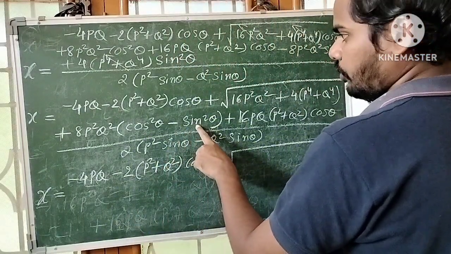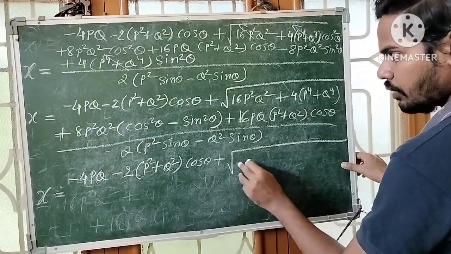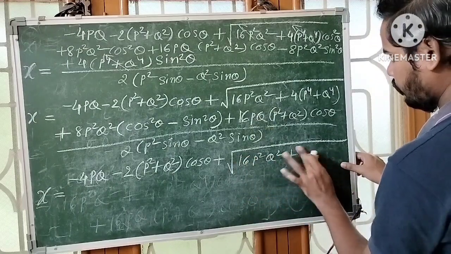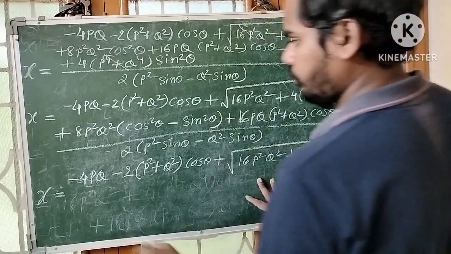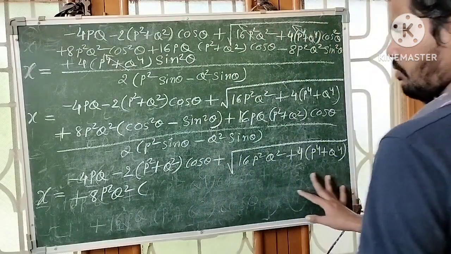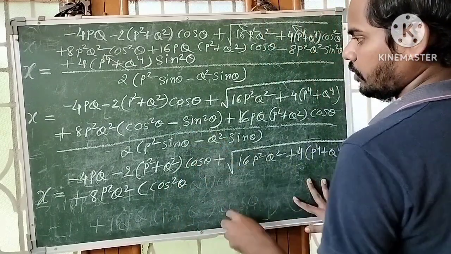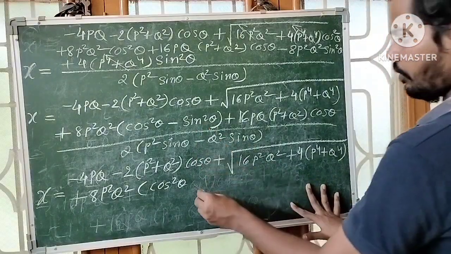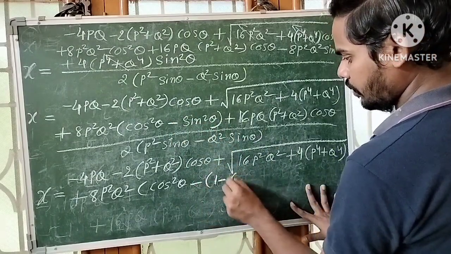Here sine square theta can be written as 1 minus cos square theta. So write the remaining terms: 16 p square q square plus 4 (p power 4 plus q power 4) plus 8 p square q square into cos square theta minus sine square theta.